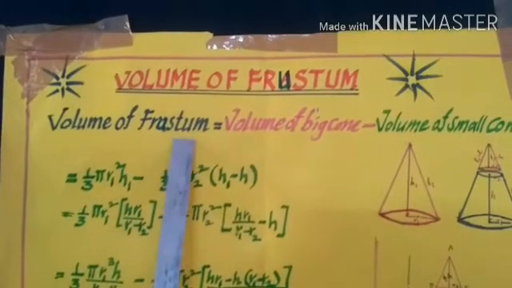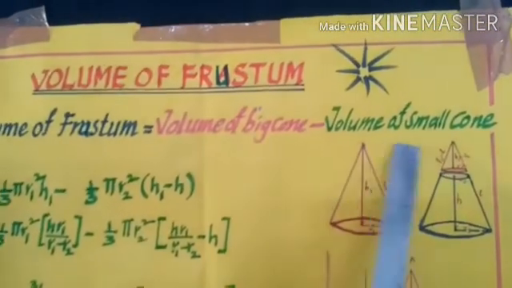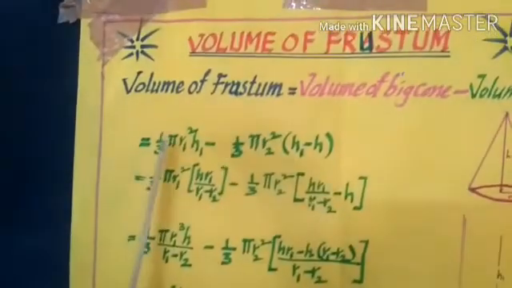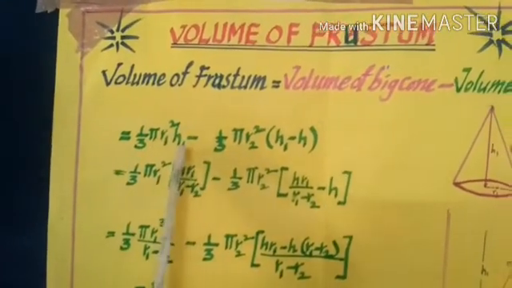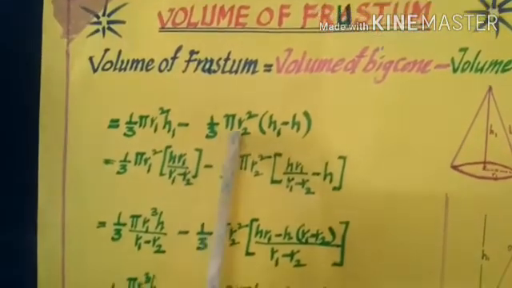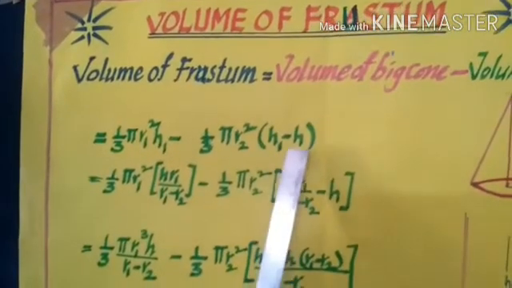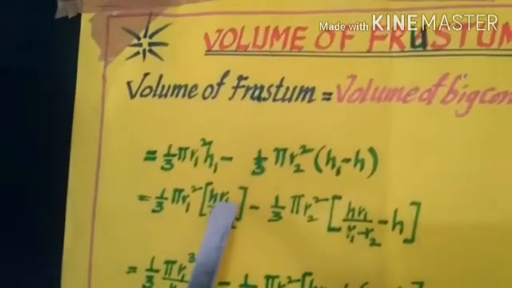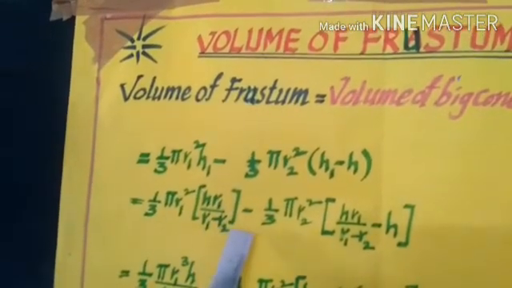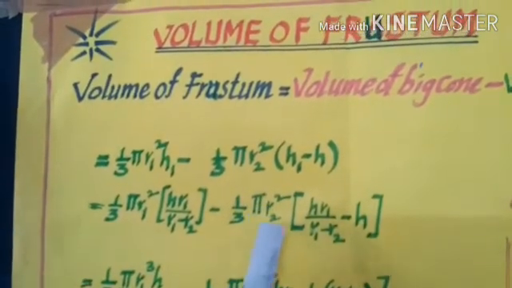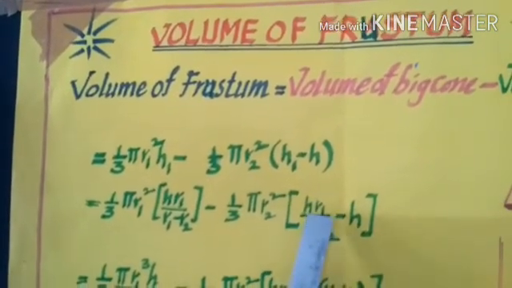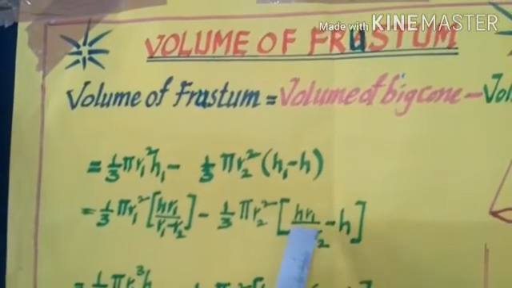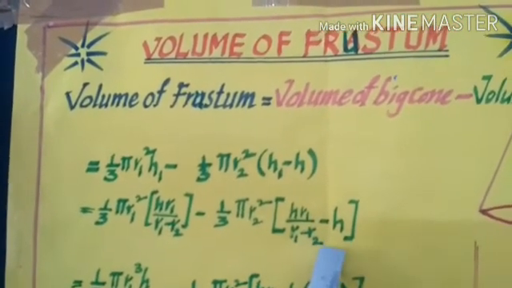Volume of frustum is equal to volume of big cone minus volume of small cone. Now 1 by 3 pi R1 square H1 minus 1 by 3 pi R2 square into (H1 minus H). Substituting the H1 value, we get H R1 by (R1 minus R2) minus 1 by 3 pi R2 square into (H R1 by (R1 minus R2) minus H).